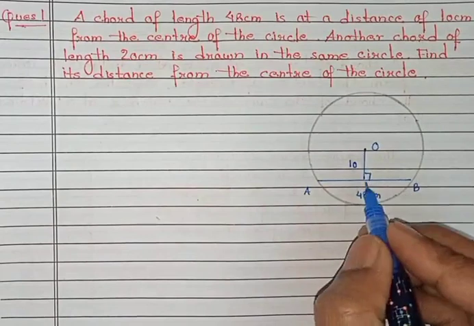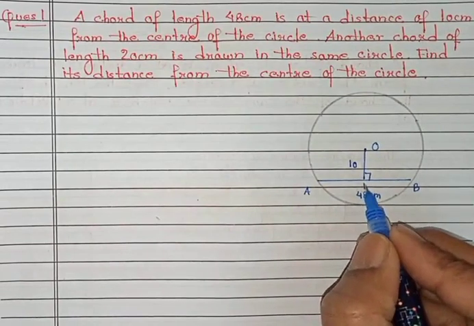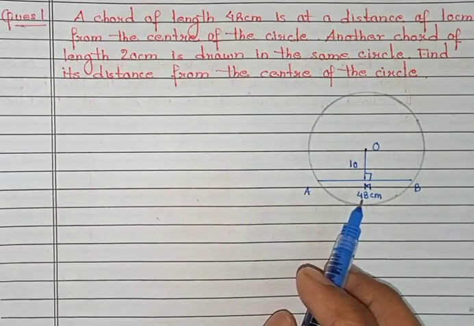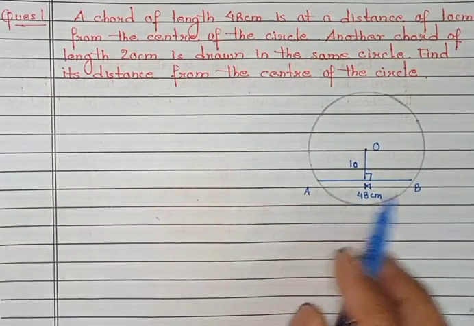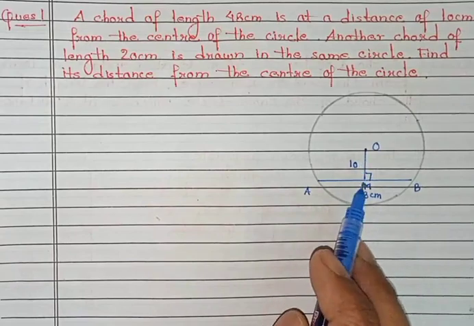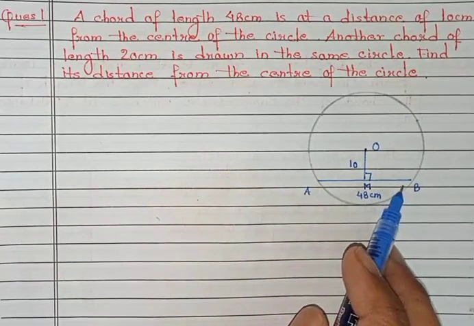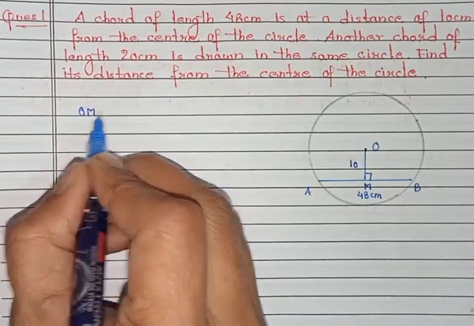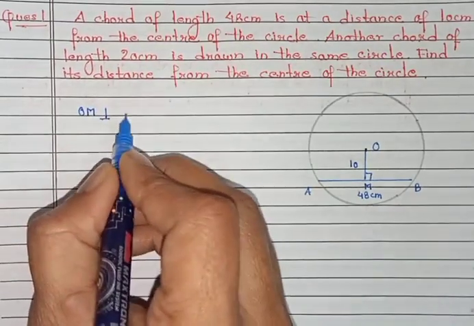Now let us name this perpendicular as OM. Now we have a property that whenever we drop a perpendicular from the center on a chord, it always bisects the chord. So here you can see OM is perpendicular on chord AB.